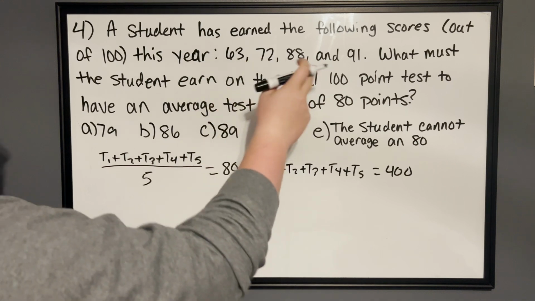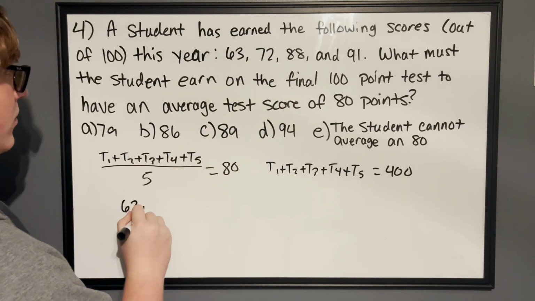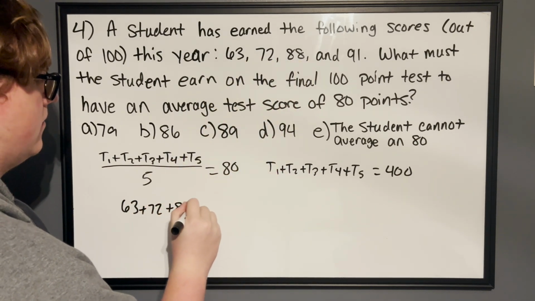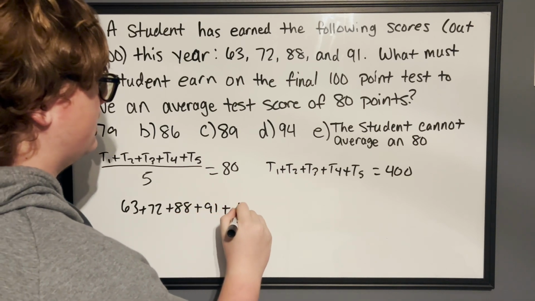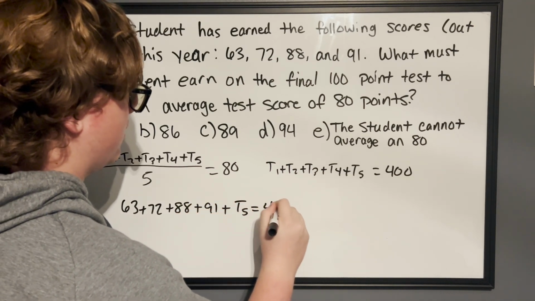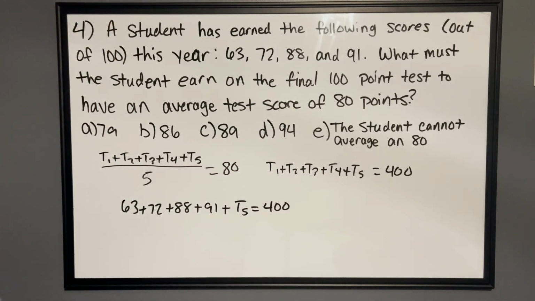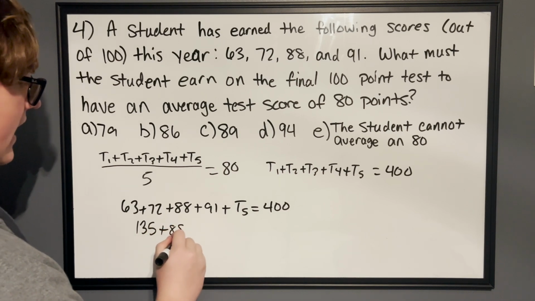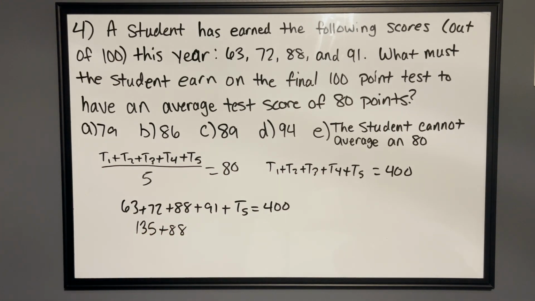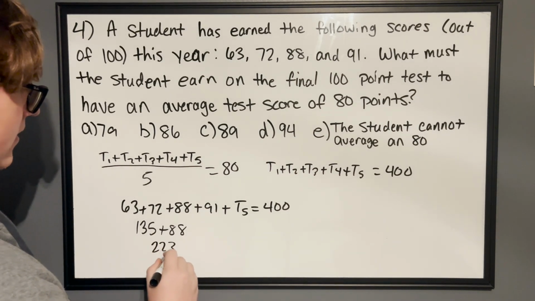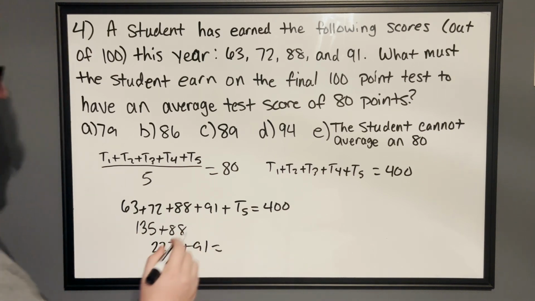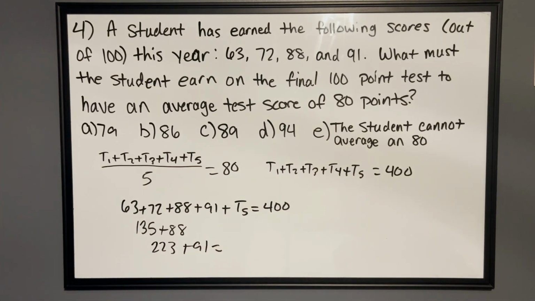And we know the first 4 test scores. So we have 63 plus 72 plus 88 plus 91 plus test 5 needs to equal 400. So let's go ahead and add all of these up. Well, 63 plus 72 is 135 plus 88 is equal to 223. 223 plus 91 is going to be 314.